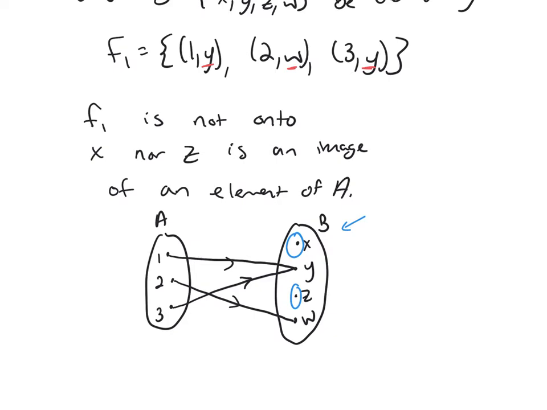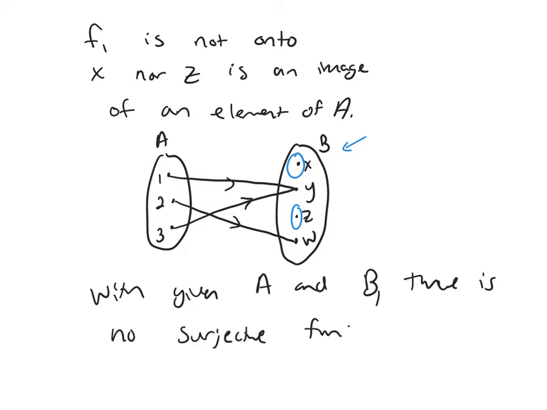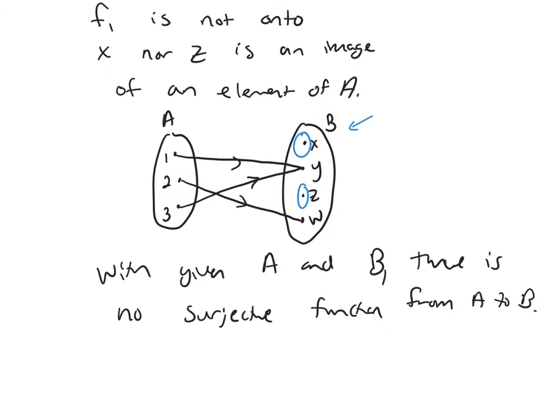Now the problem is, I'll say with the given sets A and B, there is no surjective function from A to B. So remember, in order for this to be a function, I have to have exactly one arrow coming out of everything in A. So because this is a function, you have exactly 3 arrows coming out.